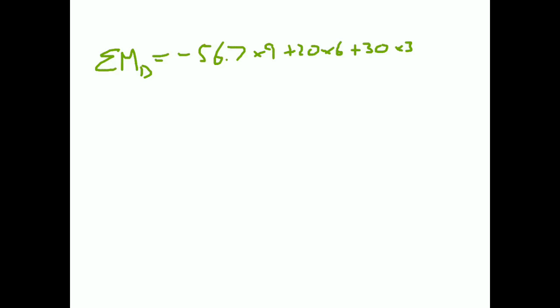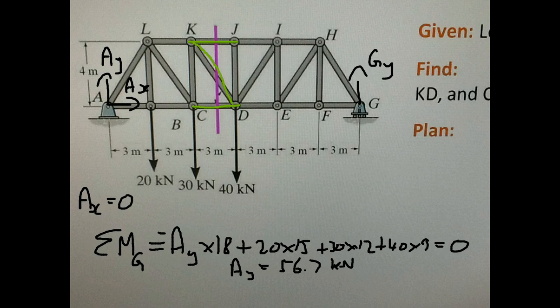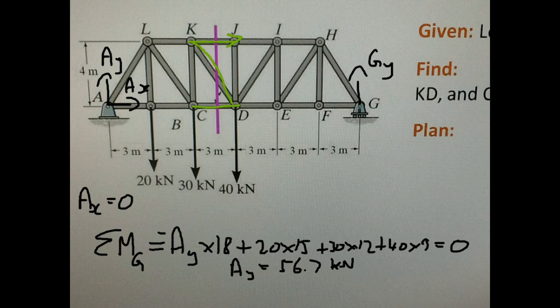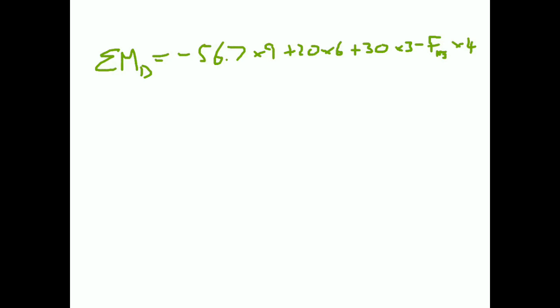Then we've got the force in KJ. If we label it that way to start with, that's our assumption again, so it's negative FKJ, and it's 4 metres away perpendicularly from point D. I can then rearrange that to find FKJ equal to minus 75.1 kilonewtons.